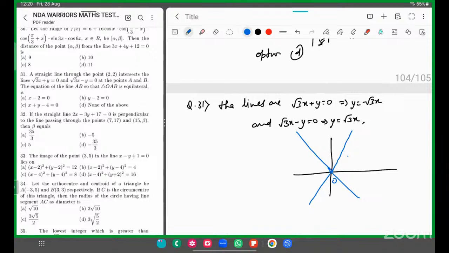Equation of the line AB so that triangle OAB is an equilateral triangle.